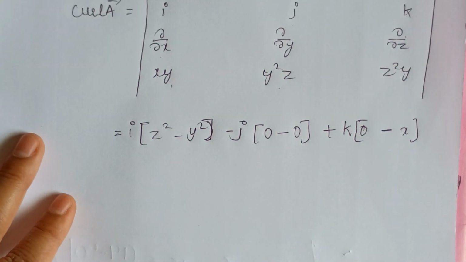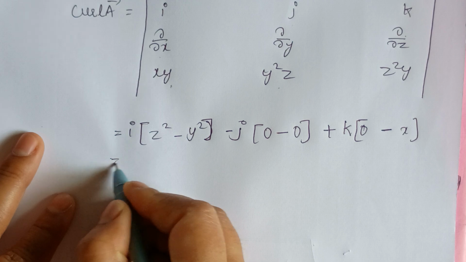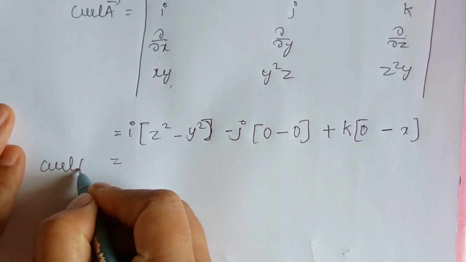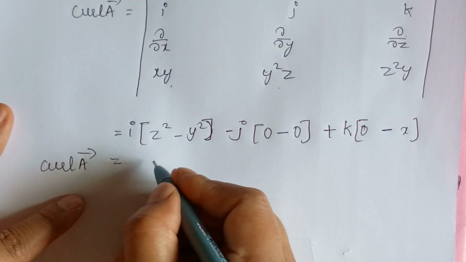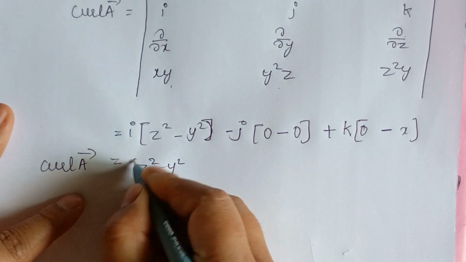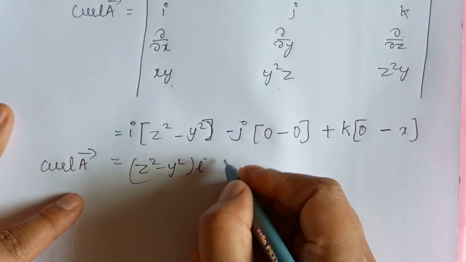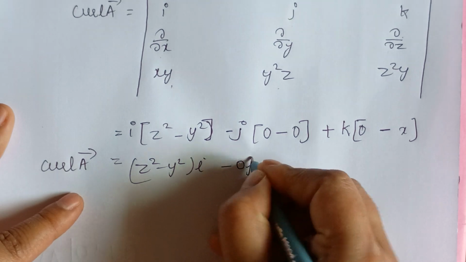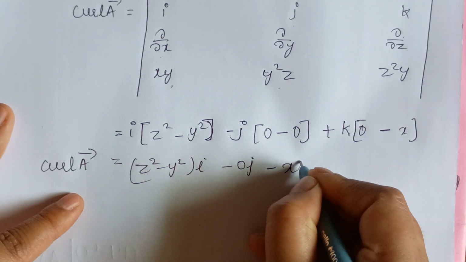Correct? Now if we simplify this, curl of vector A is going to be z square minus y square i minus 0j minus xk.